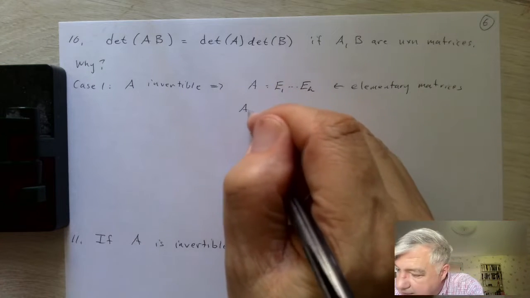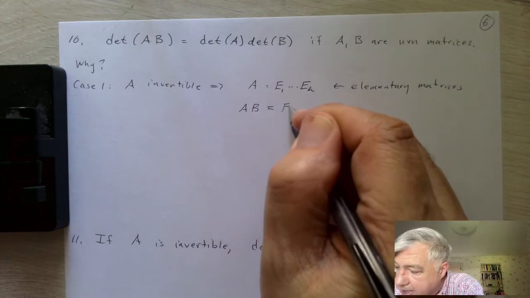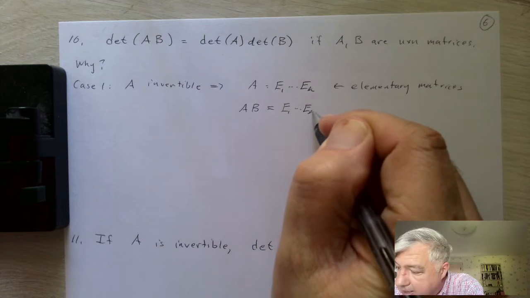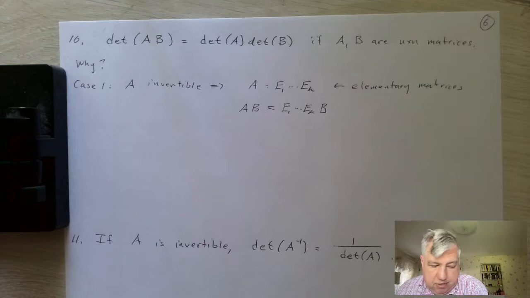And then AB will be equal to E1 through EK times B by substitution.